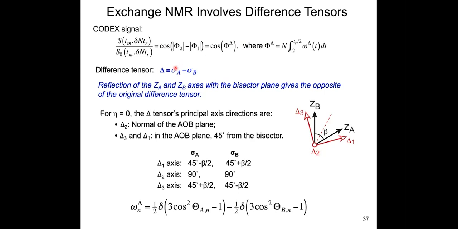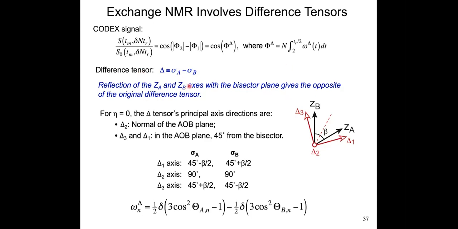For fast motion, here is the difference tensor. So it's sigma A minus sigma B, and I can call that delta, the big delta. Again, how do we figure out the delta tensor? We want to think in terms of symmetry, and when you do subtraction of two tensors, the reflection of the ZA and ZB axis with the bisector plane should give the opposite sign of the original difference tensor.